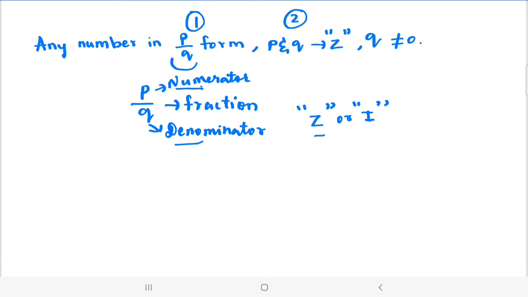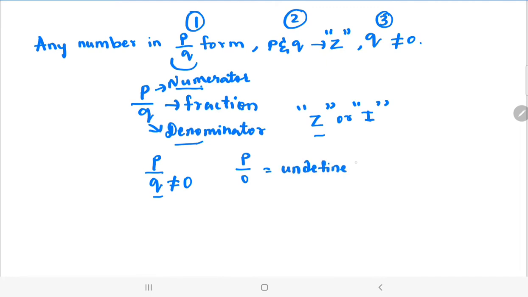But remember, there is also a third rule: when p by q form is written, q should not be equal to 0. Why should q not be equal to 0? Because if we write p by 0, then it will become undefined.